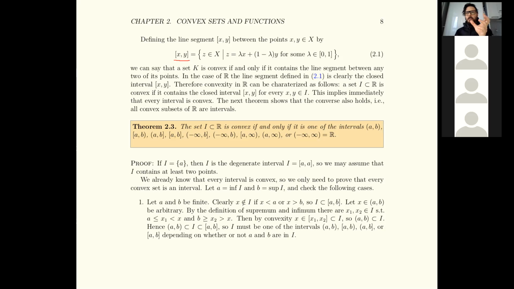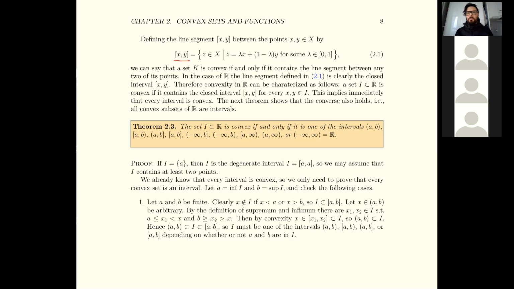It's either an open interval between some two numbers, half closed, so that the other end is included but the other is not, a closed interval, so that both ends are included, an unlimited interval, so all numbers smaller than some number A, or all numbers that are larger than some number A, or the whole set of real numbers. No other convex sets exist.